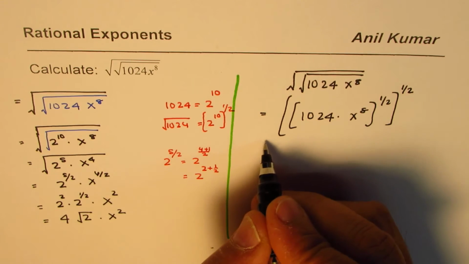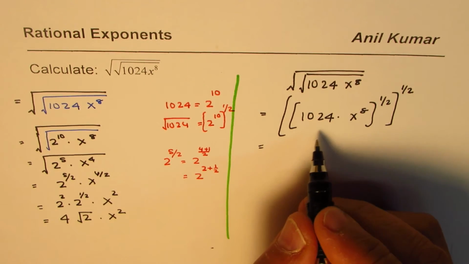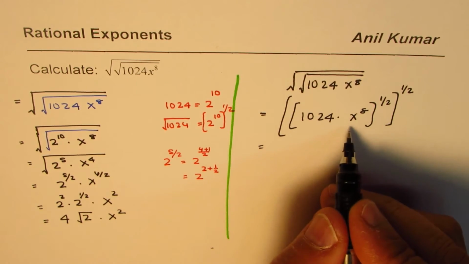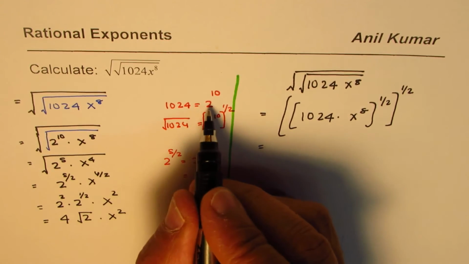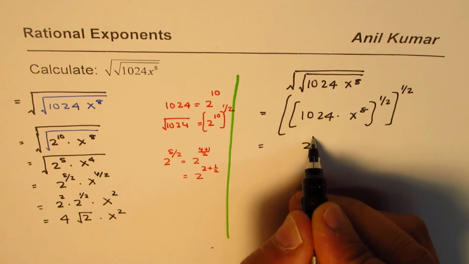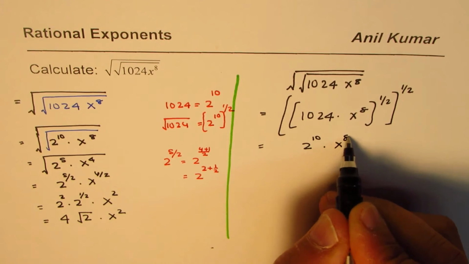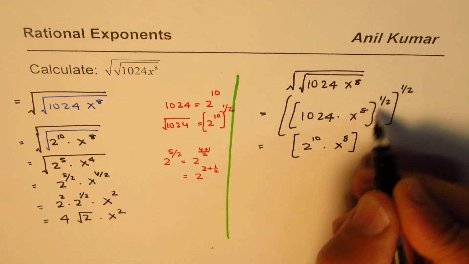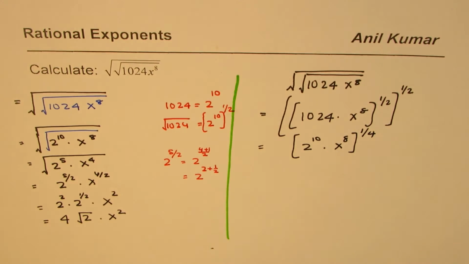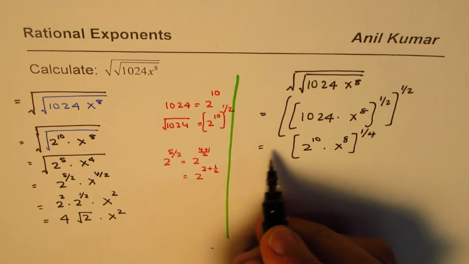That is the meaning of these two square roots. So this inside number 1024 is 2 to the power of 10, so I'm writing this as 2 to the power of 10 times x to the power of 8, to the power of 1/4, right? And then you can take it inside.